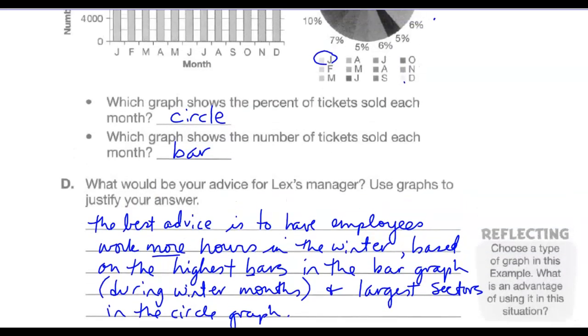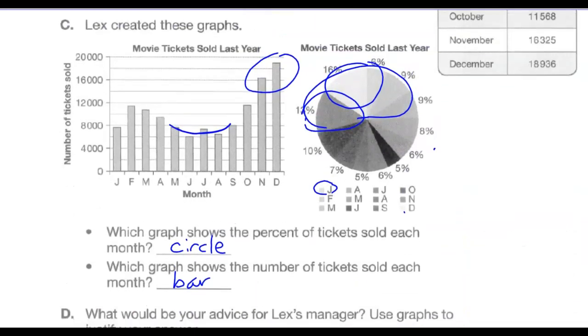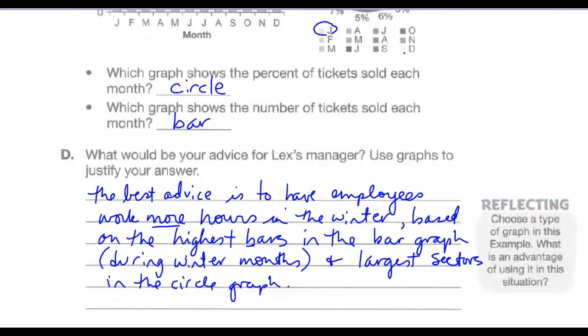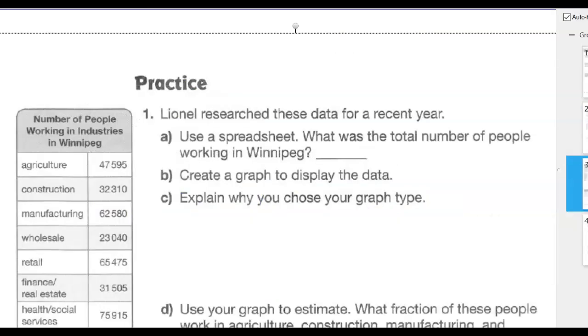Okay, so it's just basically analyzing. If you want to spend some time learning Excel, then go for it, but you're not going to be tested on that. And then get into practice, okay? So here in the practice, create a graph to display the data.